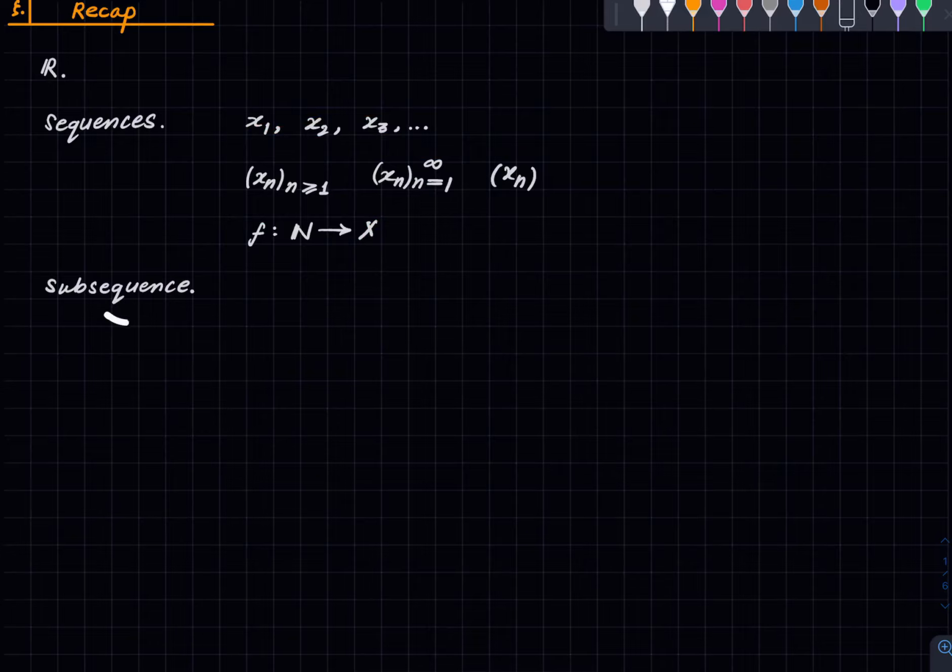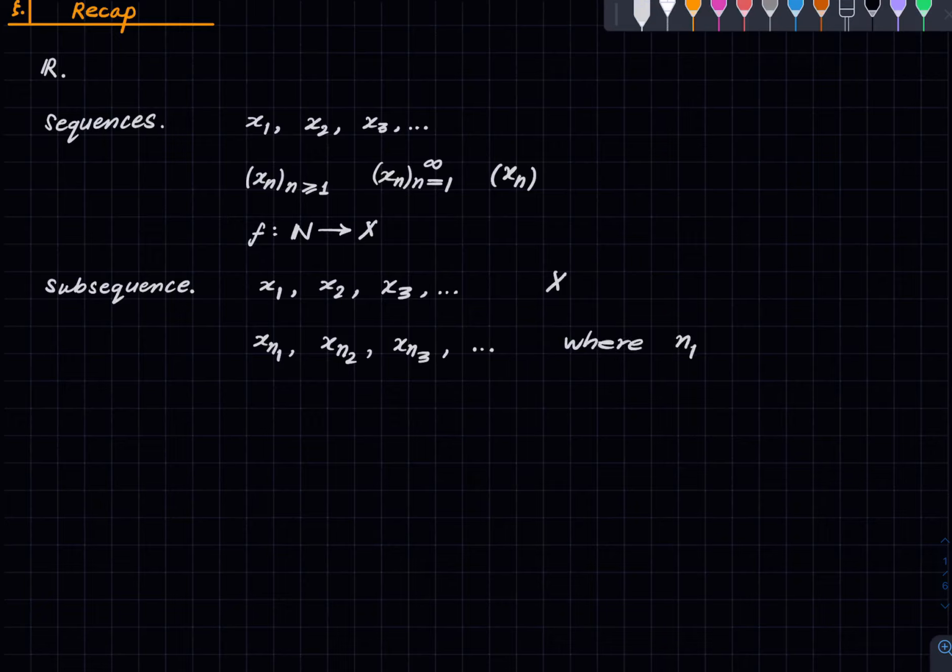Okay, we need to know about subsequences. So if we are given a sequence, something like that, in a set X, then a subsequence is anything of this sort, where this is the case.